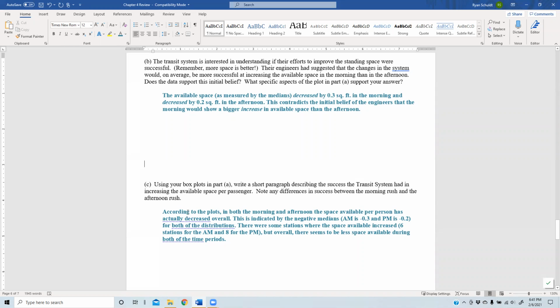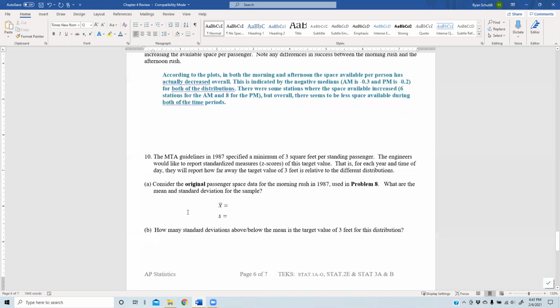Now we've got to go on to number 10, which is still going off of the same thing. The MTA guidelines in 1987 specified a minimum of 3 square feet per standing passenger. The engineers would like to report standardized measures, or z-scores, of this target value.